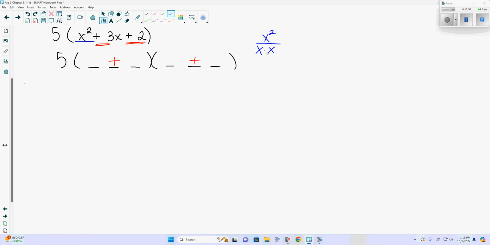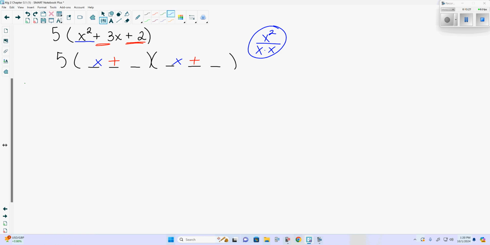There's only one other way that we can multiply two things together and get x squared, and that's 1 and x squared, but that doesn't help us for this here. So really, the only factors for x squared are x and x. And since it shows up in the first term, it'll be in the first spots.